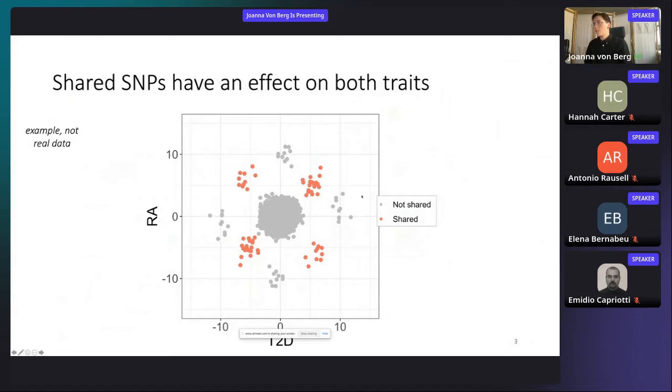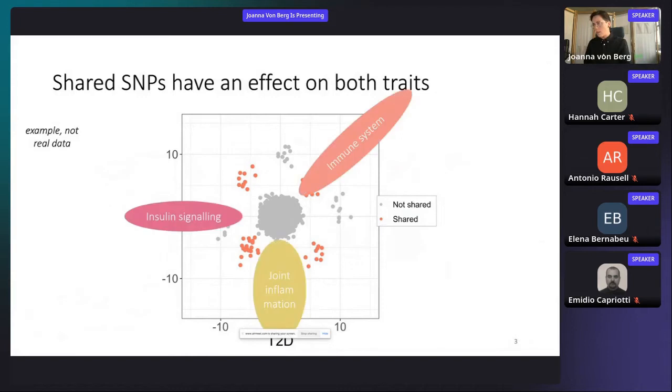And we see that some SNPs, like these, only have an effect on T2D, others only have an effect on RA, but some, the orange ones in this visualization, have an effect on both T2D and RA. And where I say has an effect on, I actually mean is associated with, of course. And so the processes from the previous example would show up in these places in the plot. Joint inflammation very specific to RA, the immune system here shared.